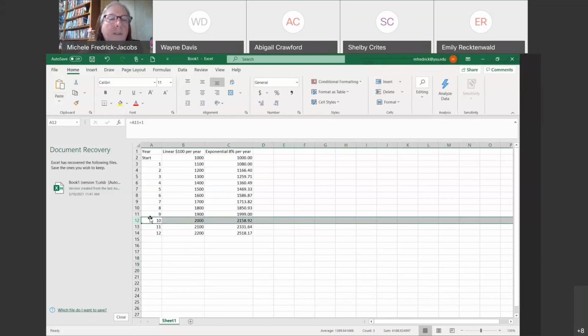So it took 10 years to double. So linearly, it took 10 years to double your money. Any questions on that? Exponentially, it was about 9 years.